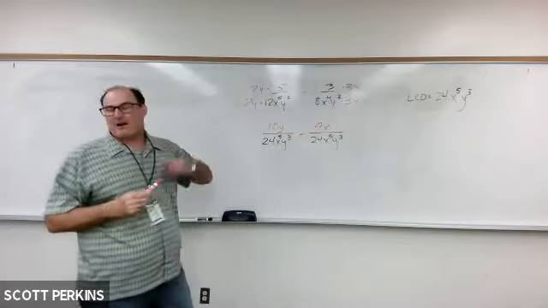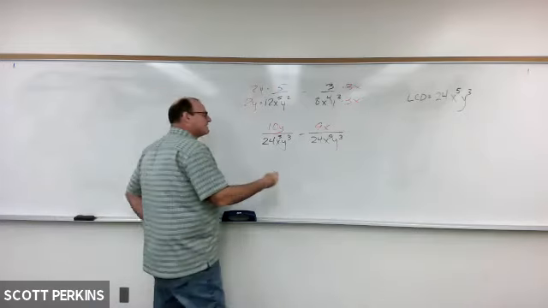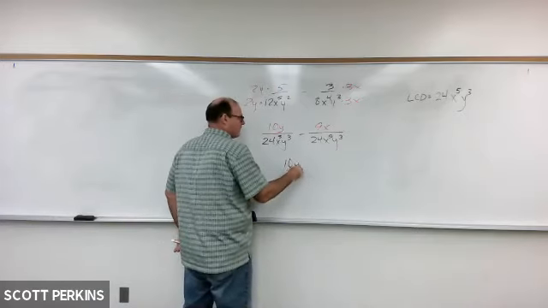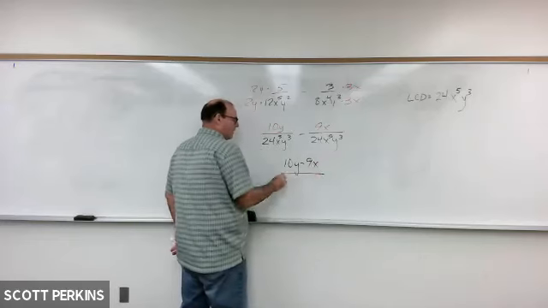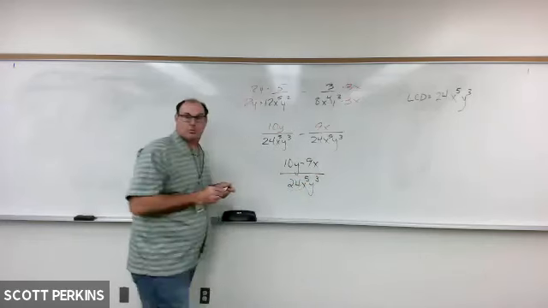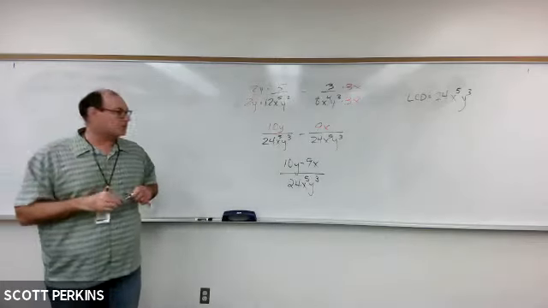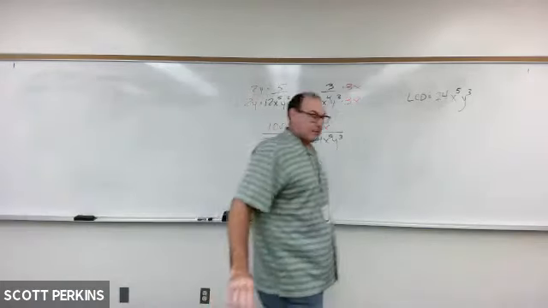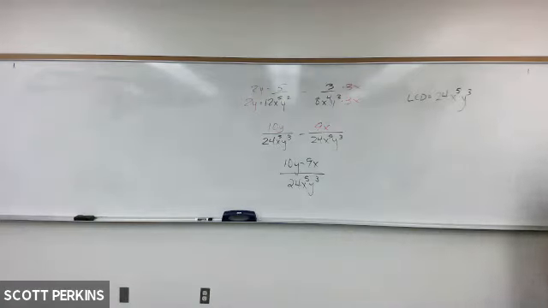Again, nothing's going to factor out of the top. That's always lovely to see. It means less work to do. So I have 10y minus 9x, all that over 24x to the 5th, y to the 3rd, and we're done. There's nothing else that I can possibly do with that problem. All right, that's the first thing we're going to do today with the common denominator. So woohoo, we made it.